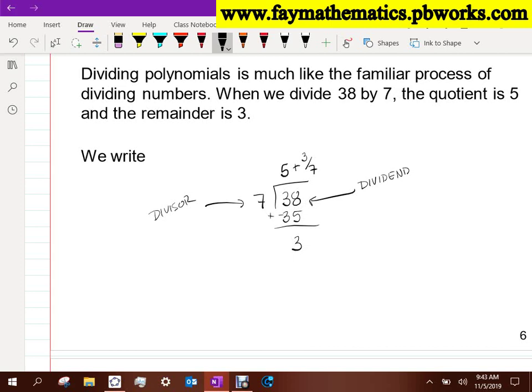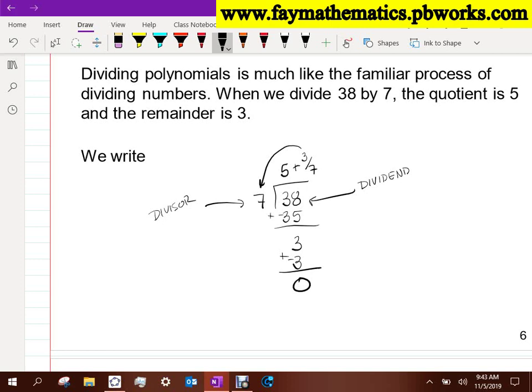Now, the reason for that is because of what we did here with this 5. I took this 5 to multiply by 7 to get 35, right? If I take this 3/7, isn't that the number I need to multiply by 7 to get that 3? And now I can add the opposite of that, and I get to 0. Okay? So 5 plus 3/7.